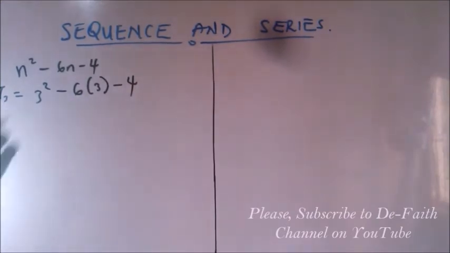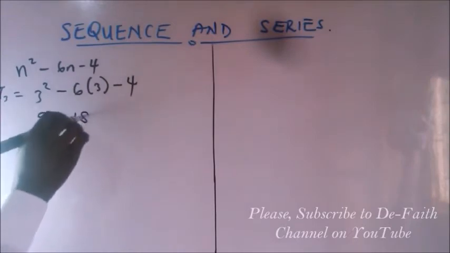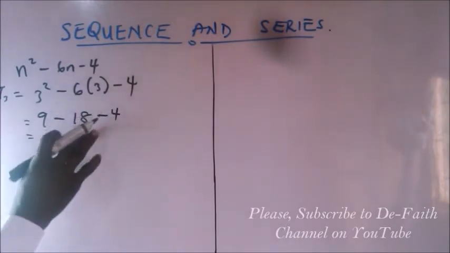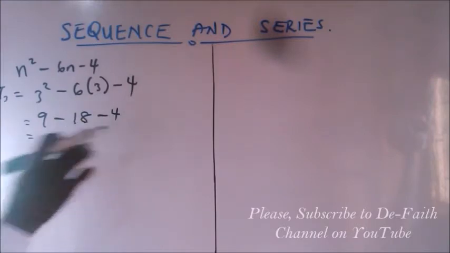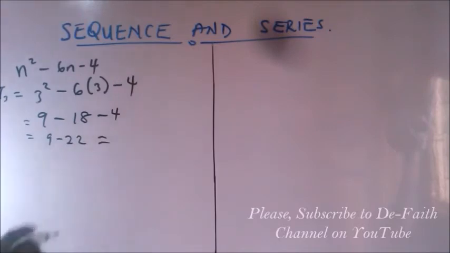Alright, so we have 3 squared, which is 9, minus 3 times 6 is 18, minus 4. Now we have 9 minus 18 minus 4, that leaves us with minus 22. So 9 minus 22, we have minus 13. That's the third term. And then the fourth term, we have to replace n with 4.